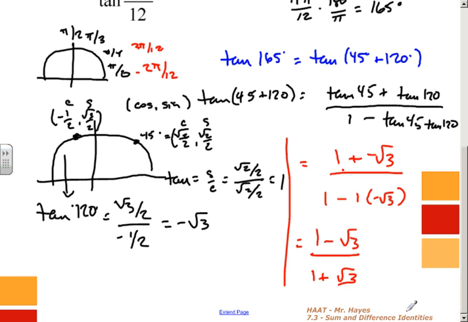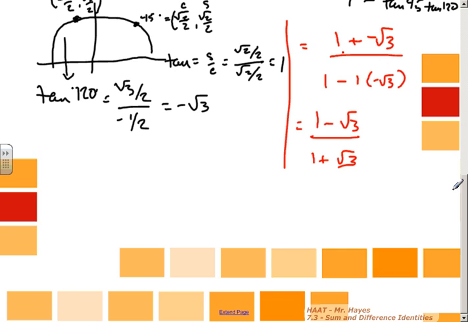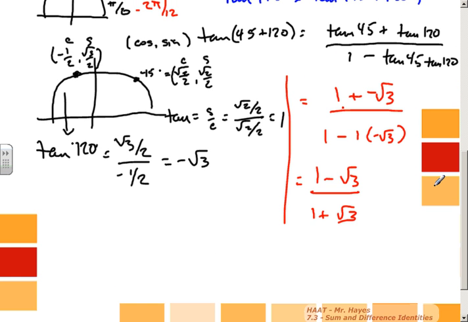Now again, don't be tempted to stop here, because you still need to rationalize this. To rationalize this, we need to go through and multiply this out by the conjugate of the denominator. The conjugate of the denominator is 1 minus root 3. So on the bottom, I now have 1 minus 3, because again, difference of perfect squares.